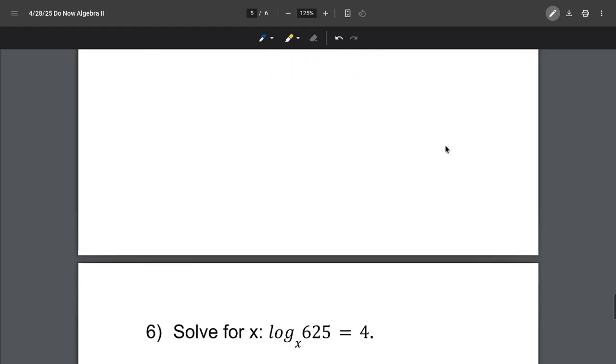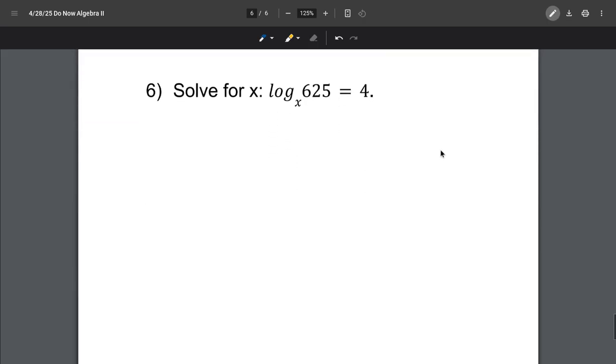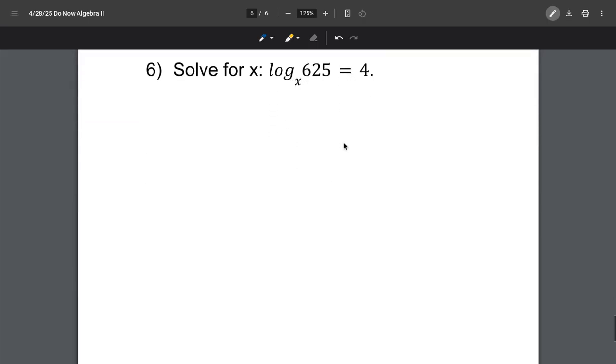Okay. Last one. Log base x of 625 equals 4. So let's write in exponential form. So we're going to say x to the 4th power equals 625. So again, we're multiplying 4 of whatever x is together to get 625. We already saw that 4 to the 4th power is 256, so let's try 5.